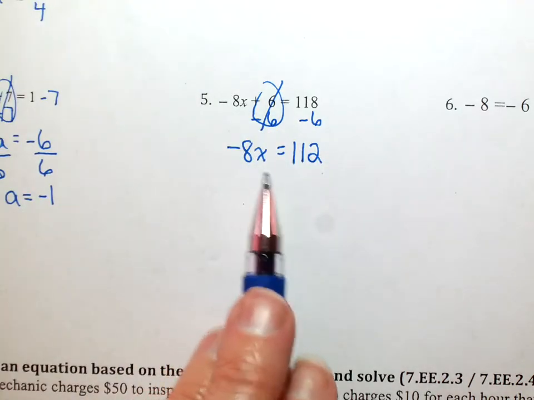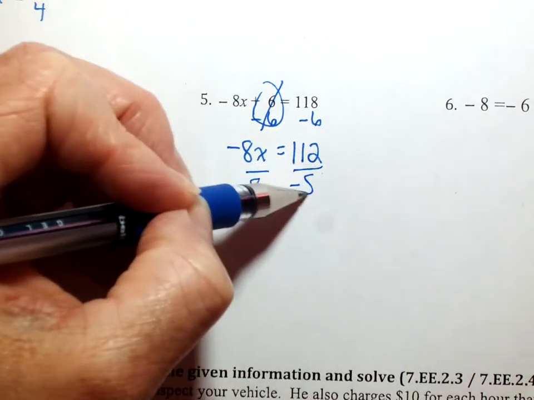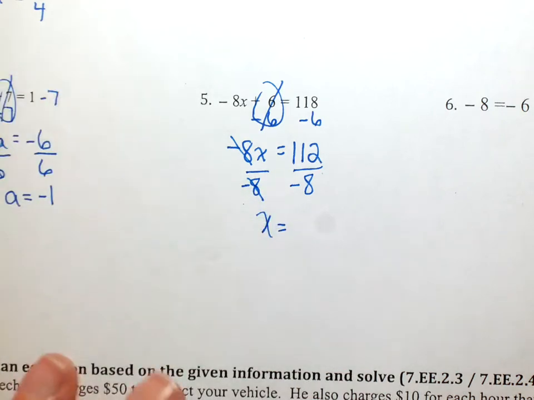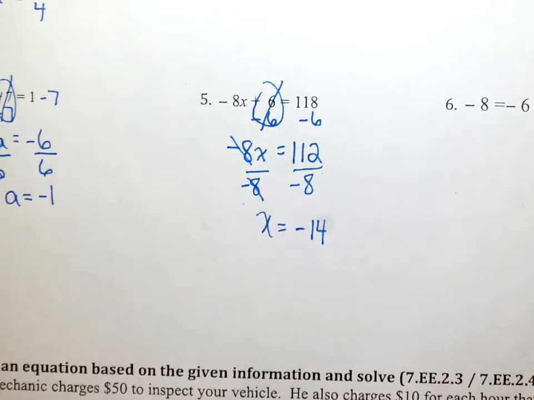This begins to look familiar. We've got to get rid of that -8 by dividing on both sides. These cancel. I'm left with x is equal to, and I'm going to my calculator, 112 divided by 8, then the negative sign, is equal to -14. Check your work, make any corrections.